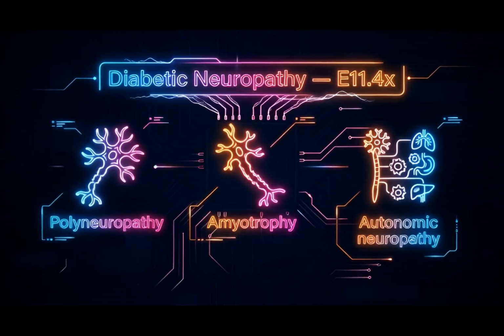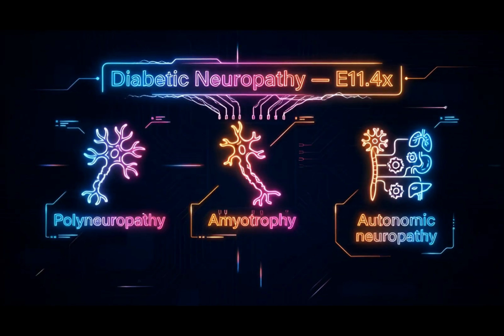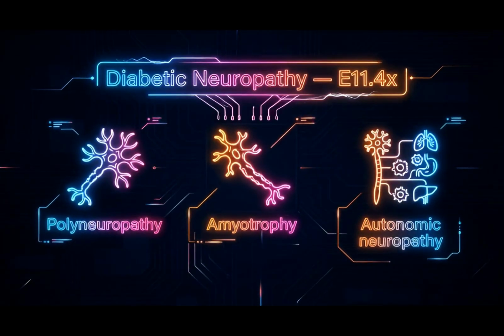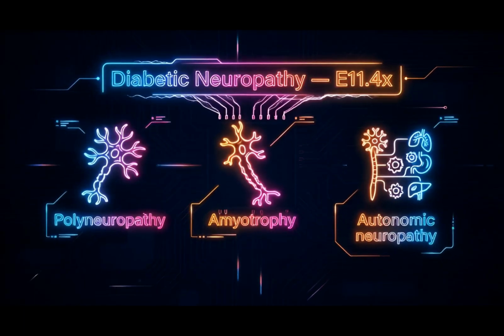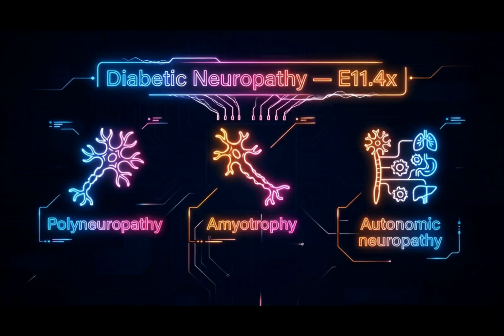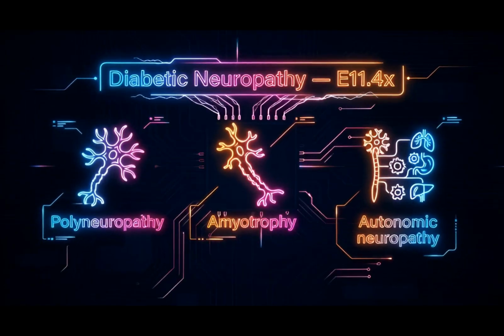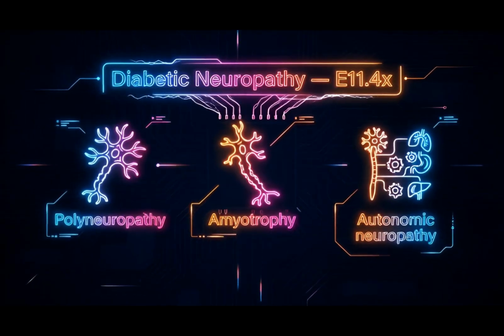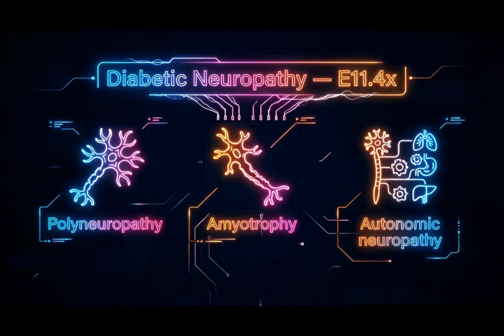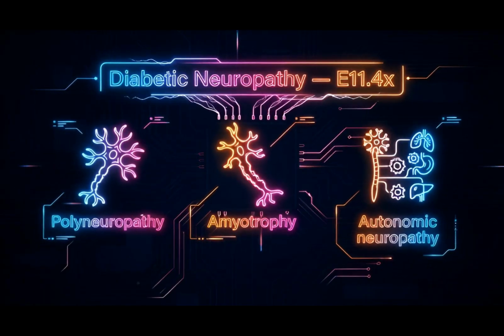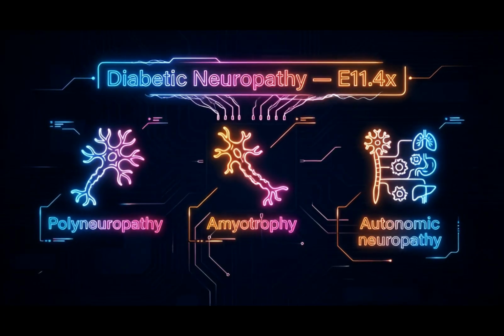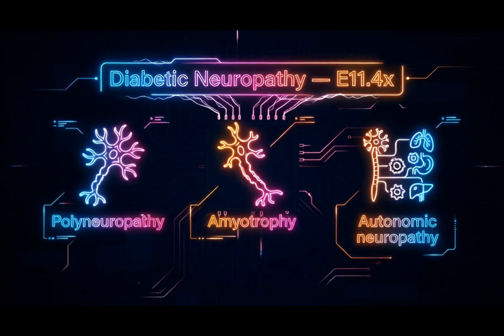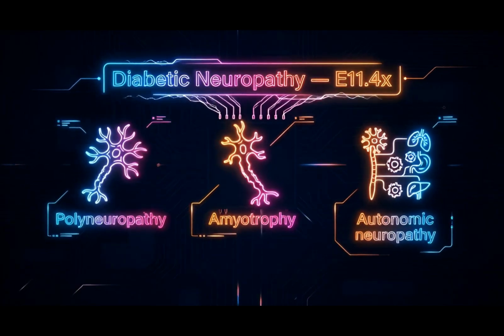Amyotrophy, coded as E11.44, leading to muscle weakness and wasting, often in the thighs and hips. And autonomic neuropathy, coded as E11.43, impacting involuntary body functions such as the heart, lungs, digestion, and more. E11.4X, your complete code set for diabetes-related nerve complications.